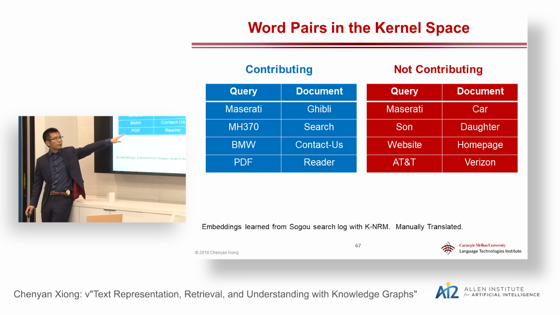You want to find a reader for your PDF, you want to find the customer service for BMW, or you want to search for the missing airplane MH370. All those things are being learned from user click patterns, and those are the word embedding similarity interactions that search engines actually want, that maybe word2vec or GloVe similarities will not give you.